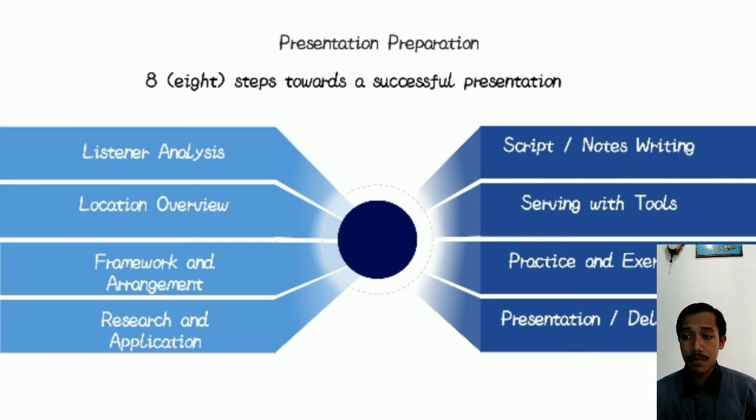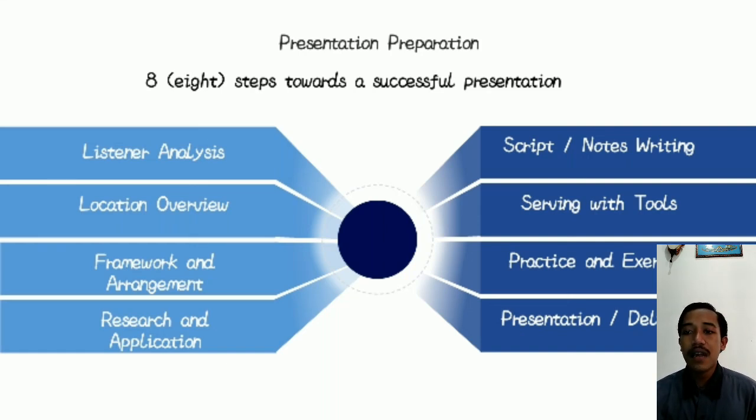And the last point is presentation or delivery. Public speaking is an art of communicating. In communicating, the speaker or presenter needs to understand the 5 important components or elements that must be considered.